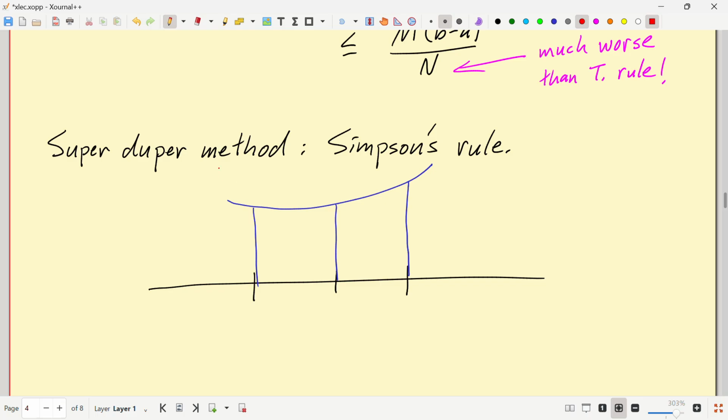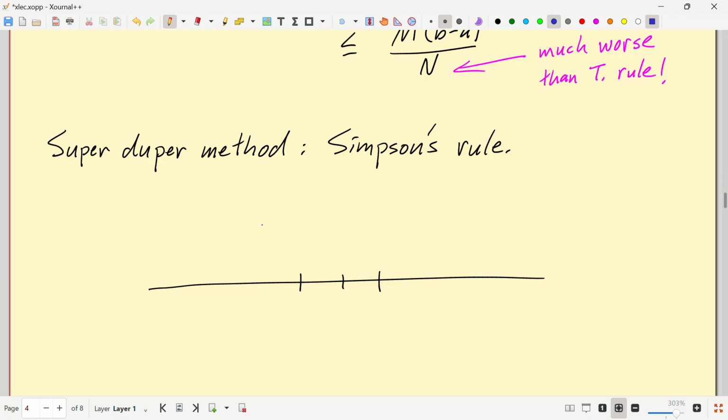So let's see, it would be, that's pretty bad. I should make them closer together. Let's see what I want to do here.